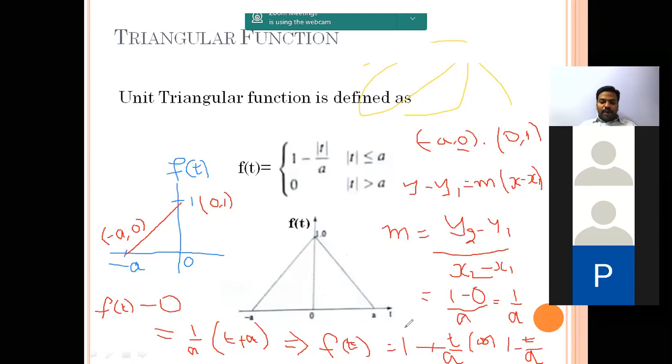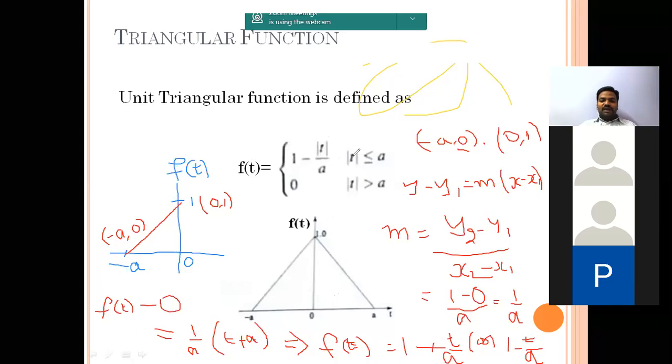But you need to combine these two functions to define the triangular function. So you will have two mathematical expressions: 1 plus t by a, which is defined from minus a to 0, and 1 minus t by a, which is defined from 0 to a. In between minus a and a you have the triangular function, and for the remaining values of time you don't have it. So f of t is equal to 1 minus mod t by a, where mod t you can take as plus or minus t.